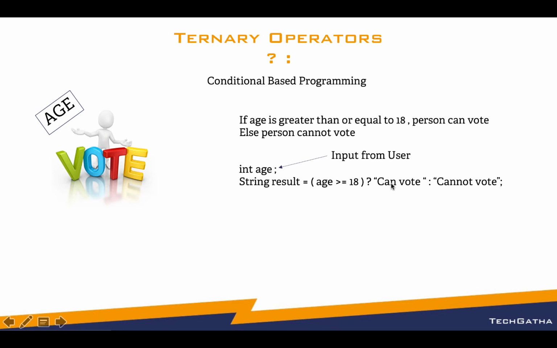Because after the question mark here we have a string, whatever it returns, we store in a variable of the same type. If it was returning an int, float, double or boolean, the variable type changes accordingly. So let's go ahead and see in programming if this works fine, taking the input from the user.